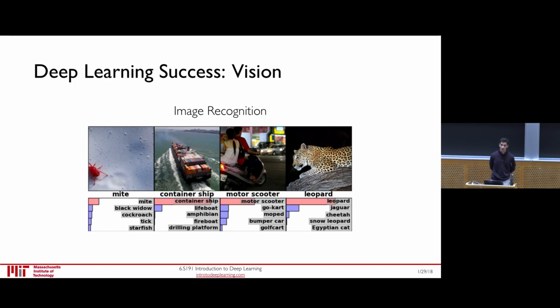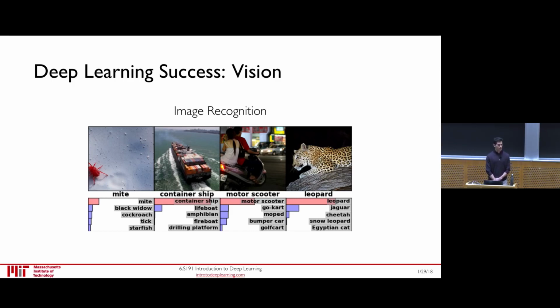But let me first just start by talking about some of the amazing successes that deep learning has had in the past. In 2012, this competition called ImageNet came out, which tasked AI researchers to build an AI system capable of recognizing objects in images. There were millions of examples in this data set.